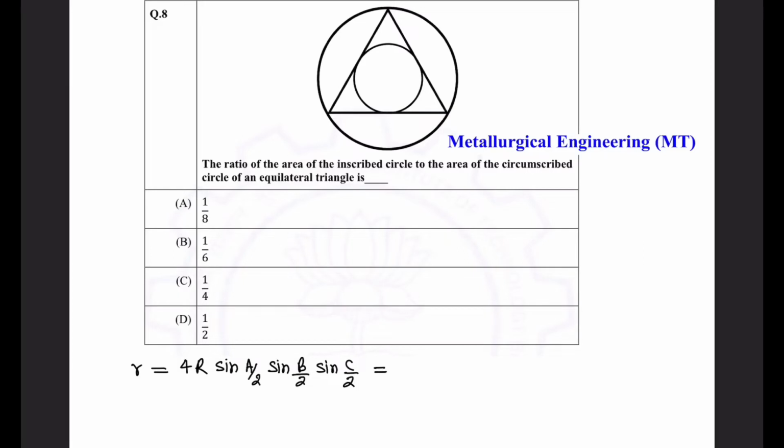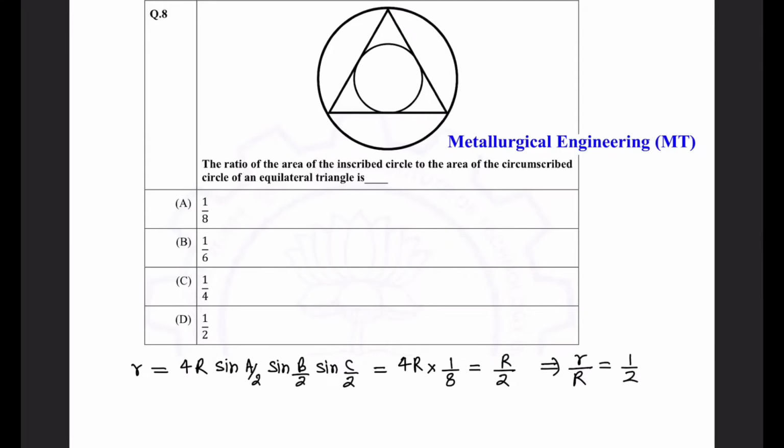And you know that this is an equilateral triangle, so all angles of ABC are equal to 60 degrees. If you substitute the 60 degree value, you get 4R into 1 by 8, because sin 30 degrees is 1 by 2. So we got R by 2. From here we can see that small r by capital R is 1 by 2.